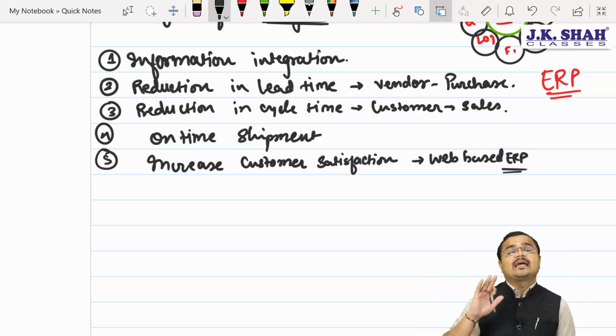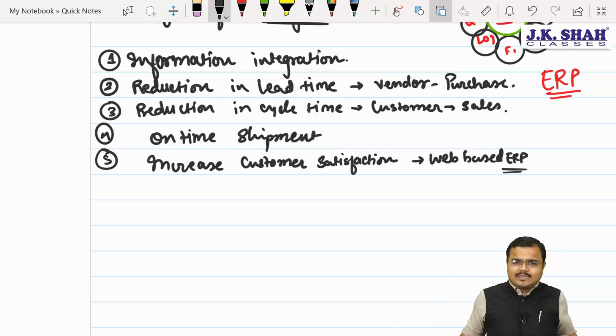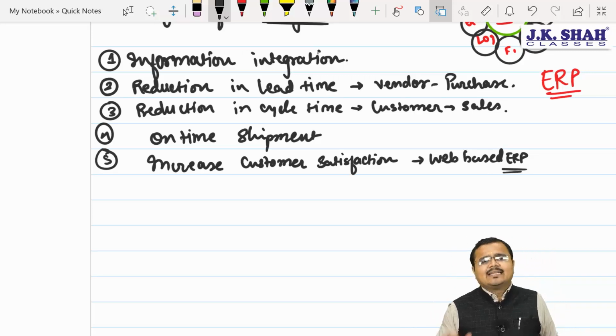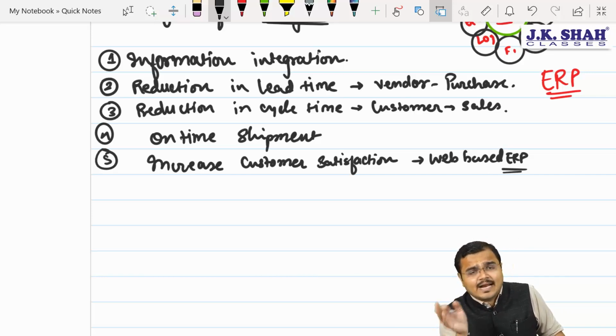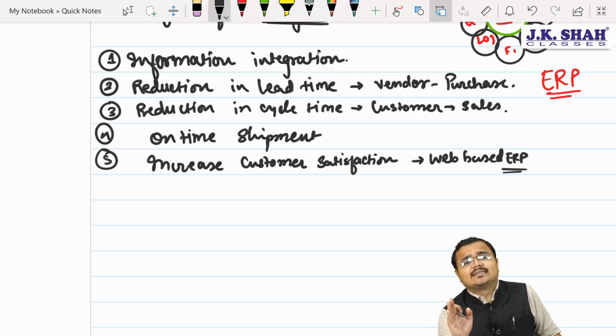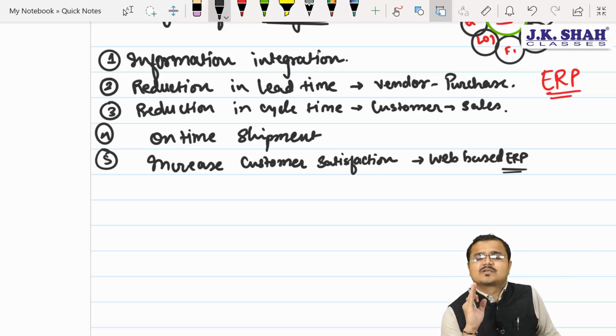He can immediately make the payments online sitting at home. He can also track the delivery. And that makes the customer very, very happy, because everything is available in just a few clicks. And all this is possible only because of one thing, once again I'm saying, it's an integrated environment in which my organization is currently operating.